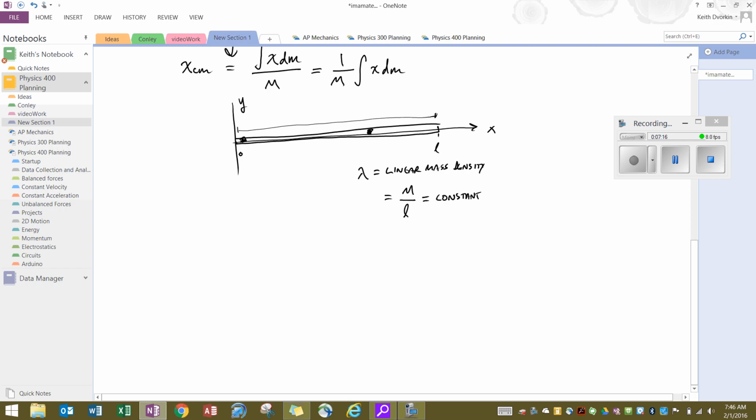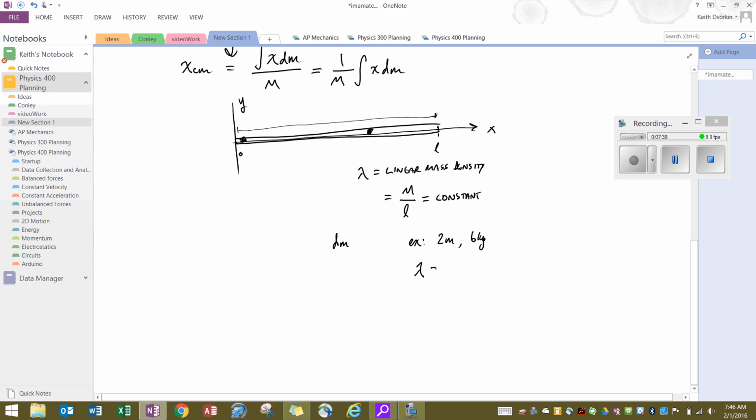So if we want to find the mass of a small chunk, dm, you could look at this lambda this way. Let's say we had a rod that was 2 meters long and had a mass of 6 kilograms.